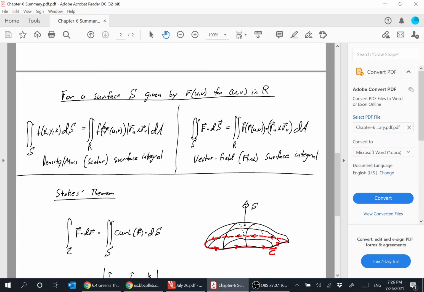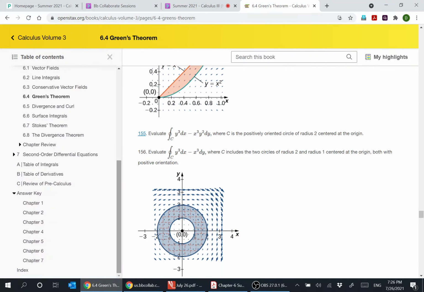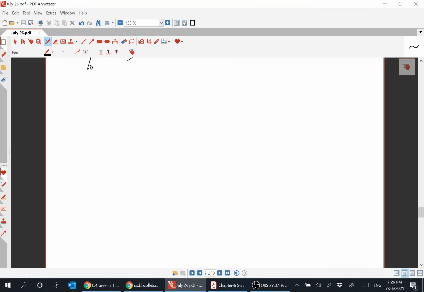All right, so first let's do an example of a scalar surface integral, just direct calculation. Well, there's no theorems to help with those, so it's always direct. So 5th type of question.